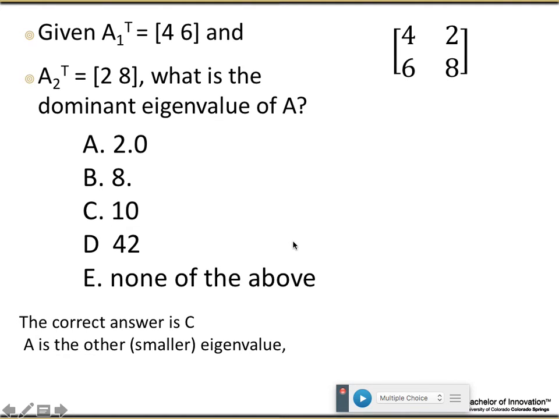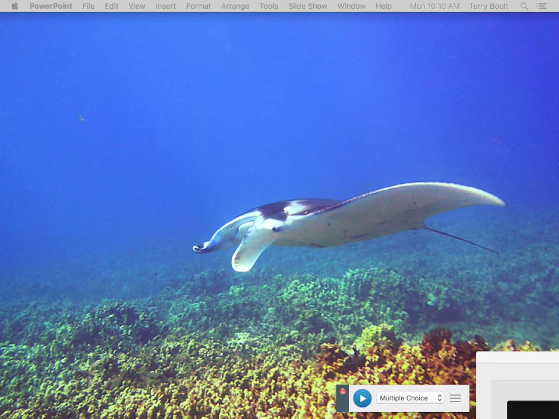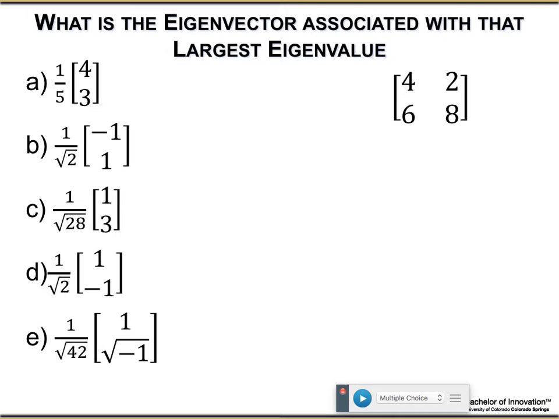Let me actually make this a little bit easier. I'm going to make sure I have the matrix going along, just so you don't have to look back in your notes. So here's our matrix. We want to know the eigenvector for that matrix associated with the largest eigenvalue. The eigenvalues were 10 and 2.